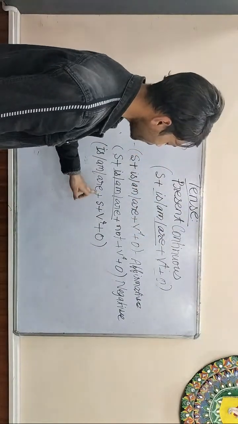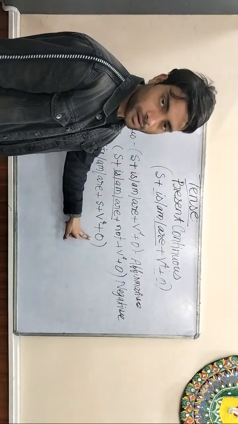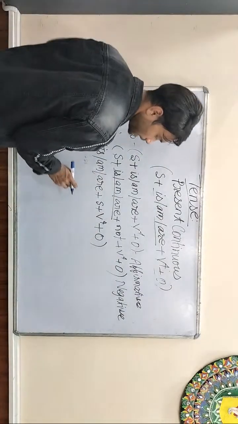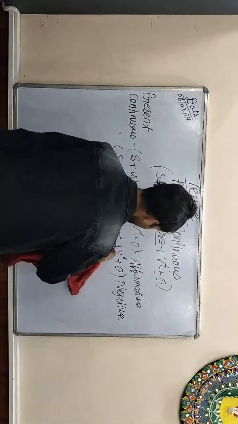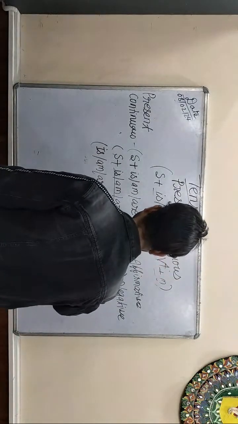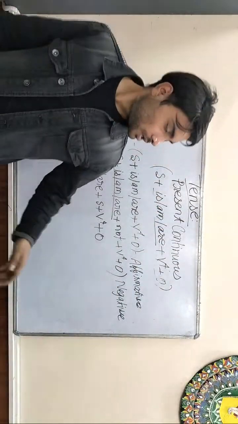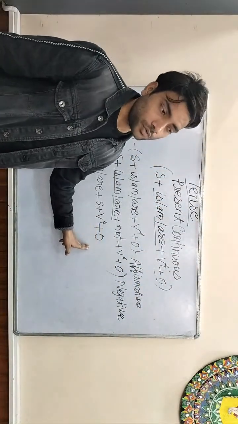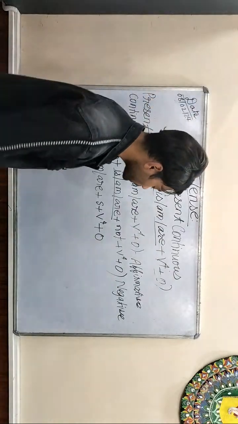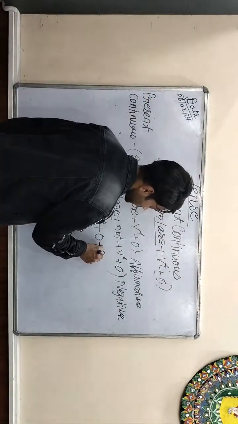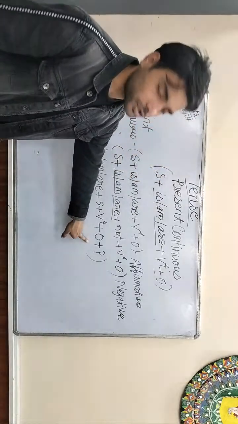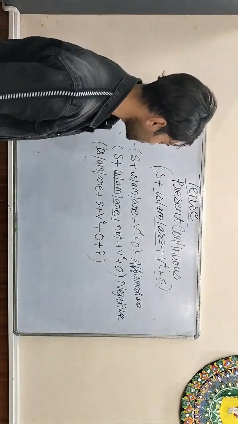Are you going there? This way. And one more thing, do not forget to put the question mark there, the way I forgot. You do not make the same mistake. Please do not forget. If you do not include that question mark here, then the sentence will be incorrect.